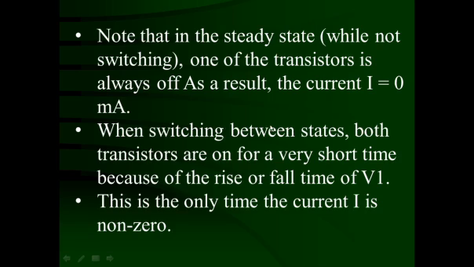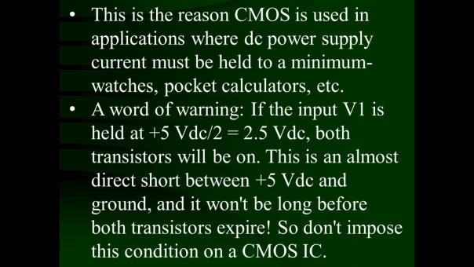When switching between states, both transistors are on for a very short time because of the rise or fall time of V1. This is the only time the current I is non-zero. Q1 and Q2 are both on for only a fraction of the time, and that creates some output currents.